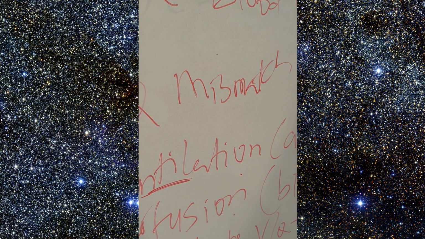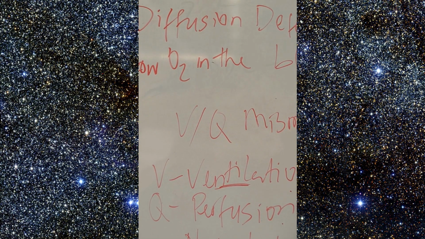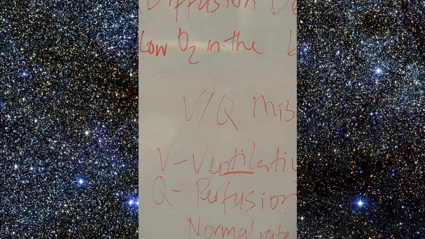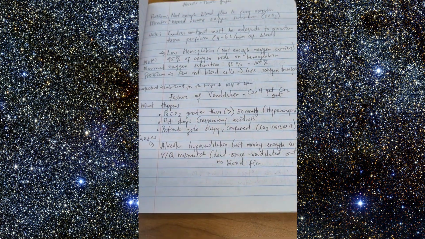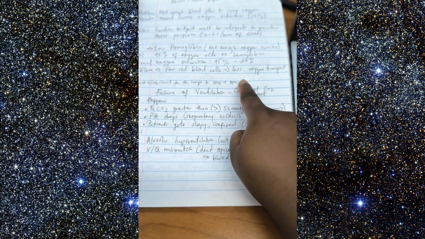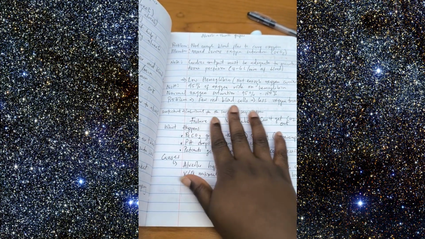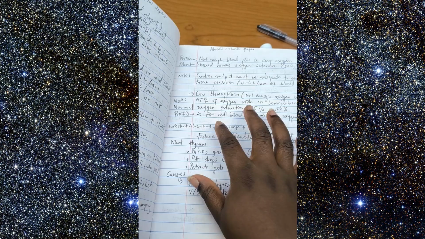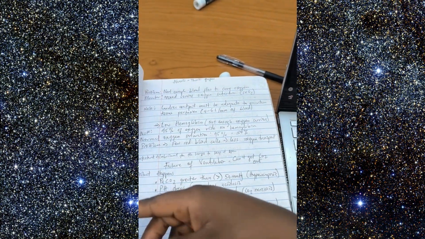Remember, 95% of oxygen rides on hemoglobin. Think of hemoglobin as the transportation for oxygen. Normal oxygen saturation is 95 to 100%. So fewer red blood cells equals less oxygen transport, and this is what causes the low O2 in the blood.